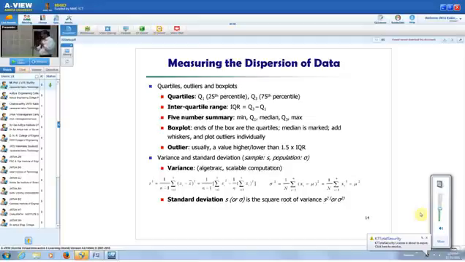So this is called a 5-number summary: the minimum, Q1 is the first quartile, Q2 is the median, Q3 is the third quartile, and then the max value in the set.